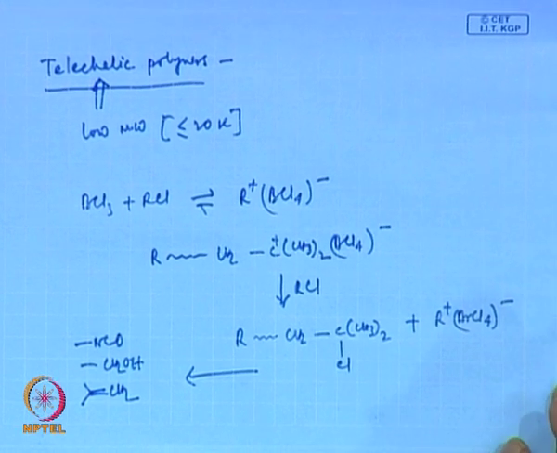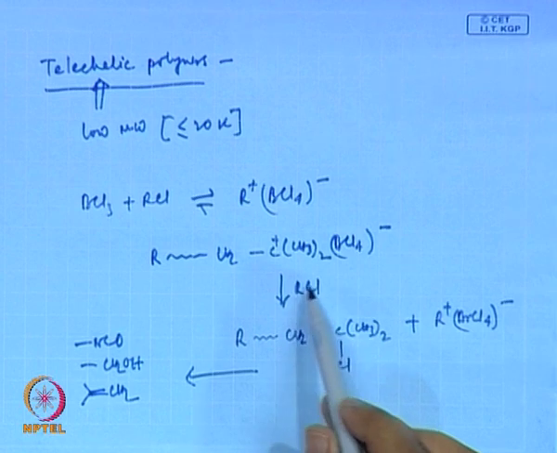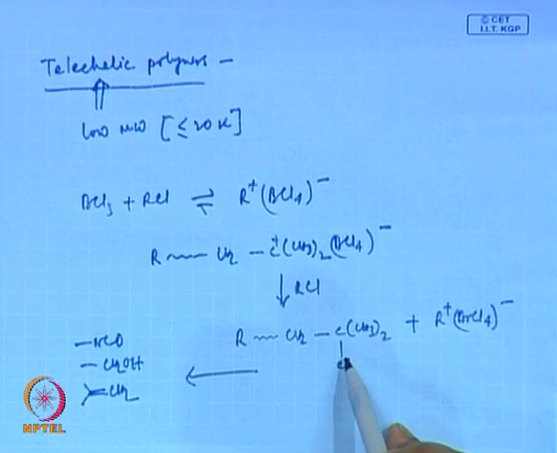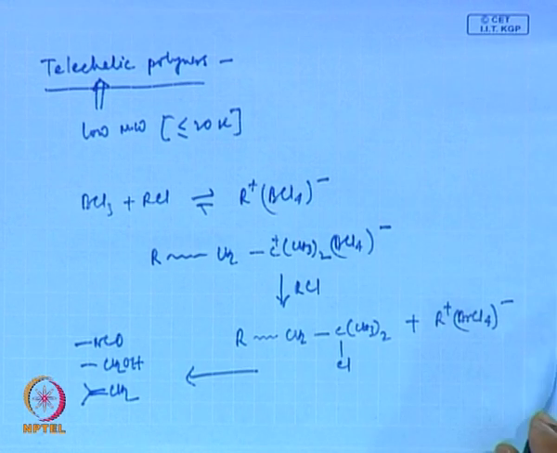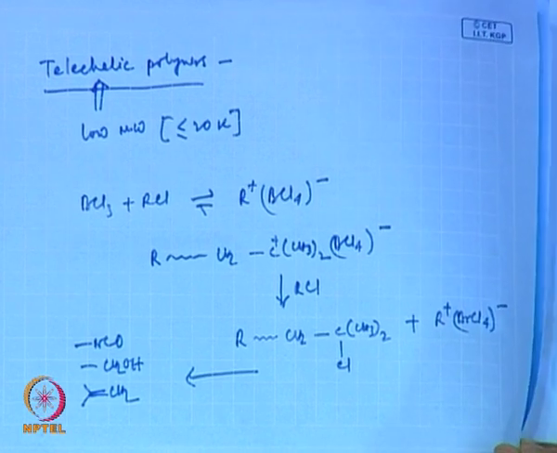So, by this way you can terminate a cationic chain polymer with the desired molecule, in this case alkyl halide, and you can make functional groups at the end, which you can utilize to form different functional groups, and then further reactions are possible on those functional groups.